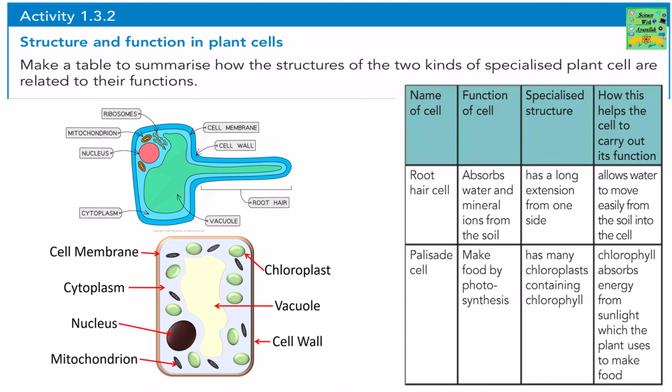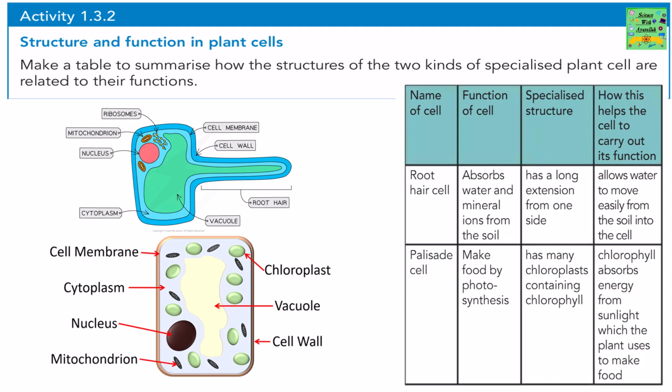Here we have another activity, 1.3.2, structure and function in plant cells. You need to make a table to summarize how the structures of two kinds of specialized plant cells are related to their function. The first one is the root hair cell, the second the palisade cell. The root hair cell absorbs water and mineral ions from the soil.